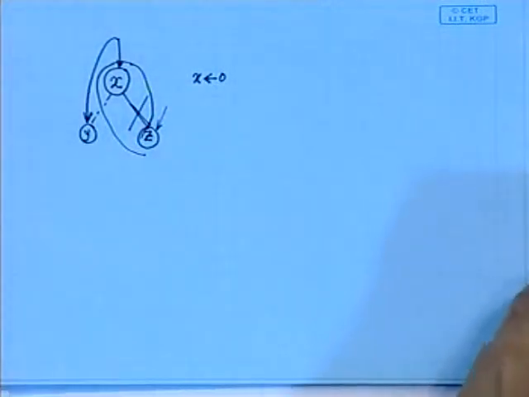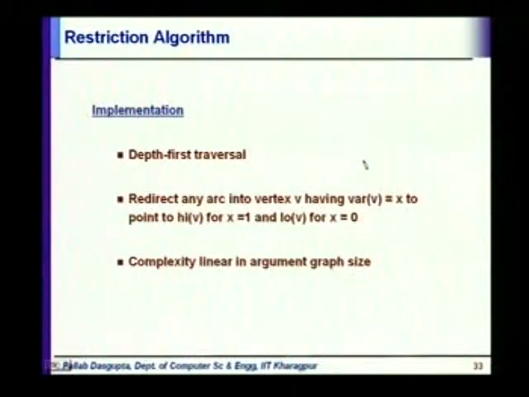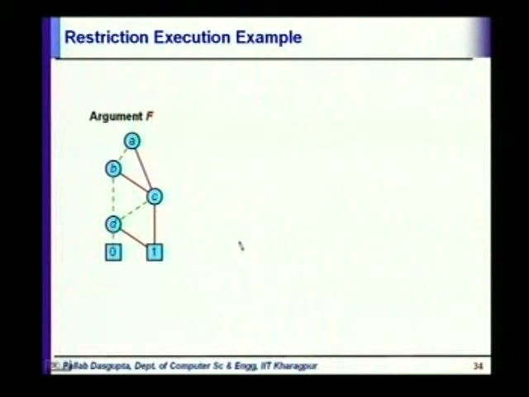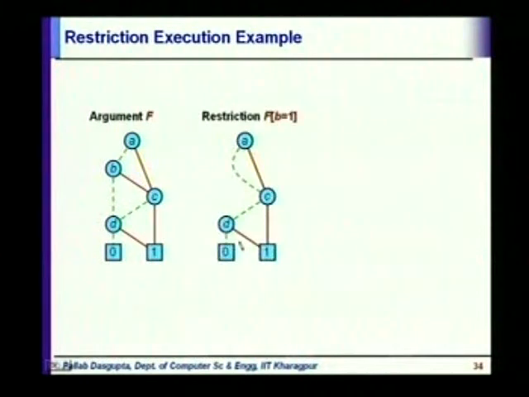So let's see an example. Suppose we want to restrict b equal to 1 in this. Now if b is equal to 1, then you see this edge is never going to be taken.